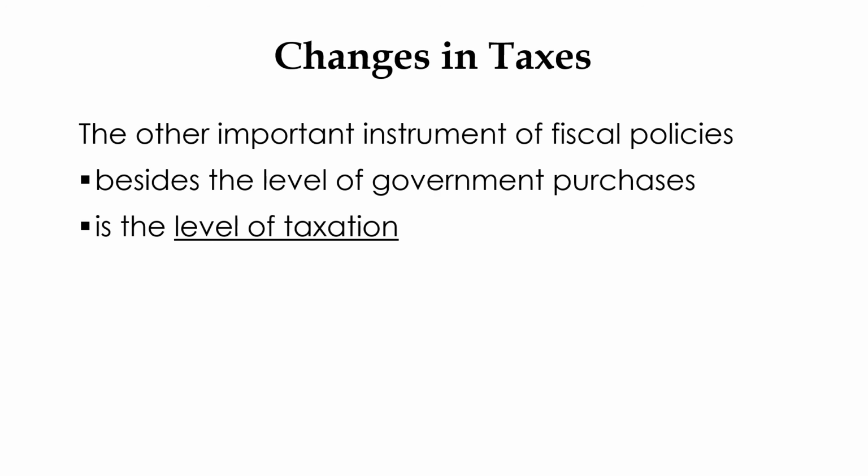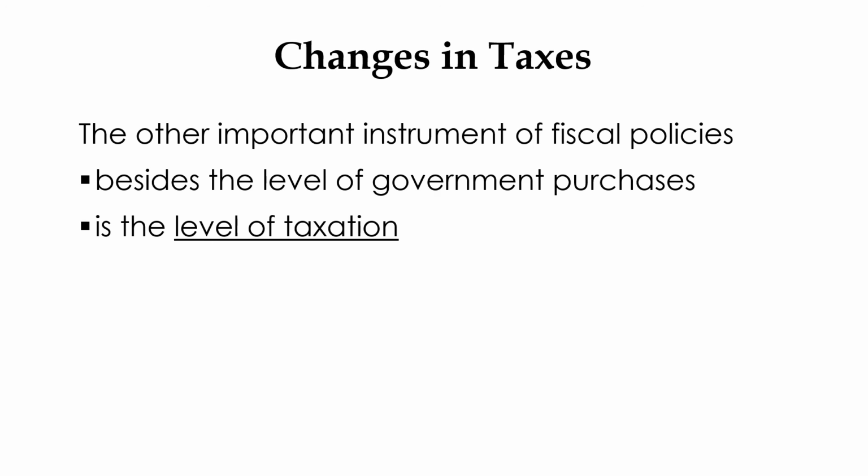And both of the macroeconomic effects that we've been talking about, the multiplier effect as well as the crowding out effect, both of them still apply. Because we're keeping our government spending the same, but we're reducing our taxes, that means that governments are going to have to borrow more money in order to maintain that level of spending.